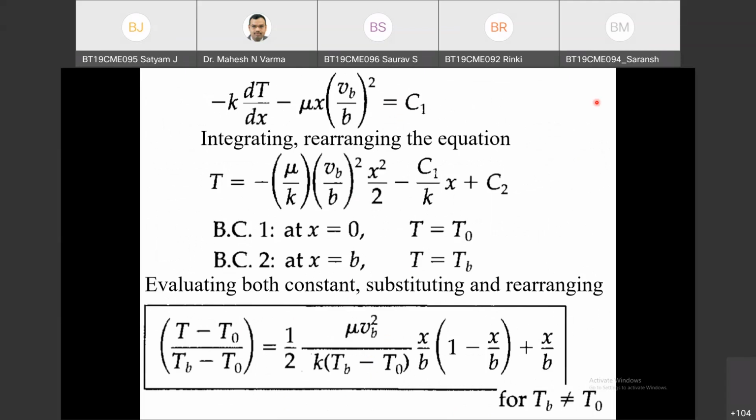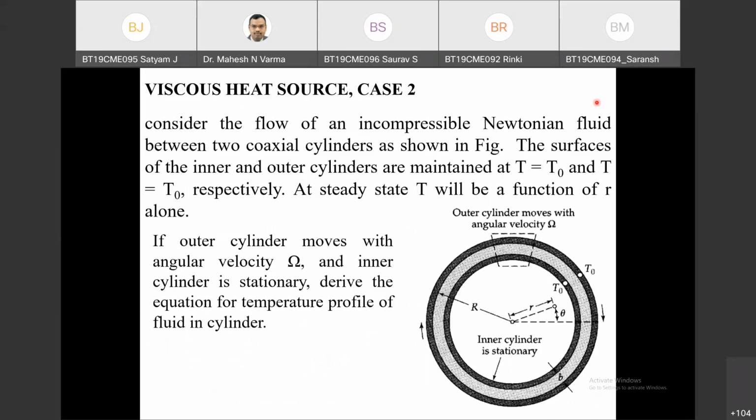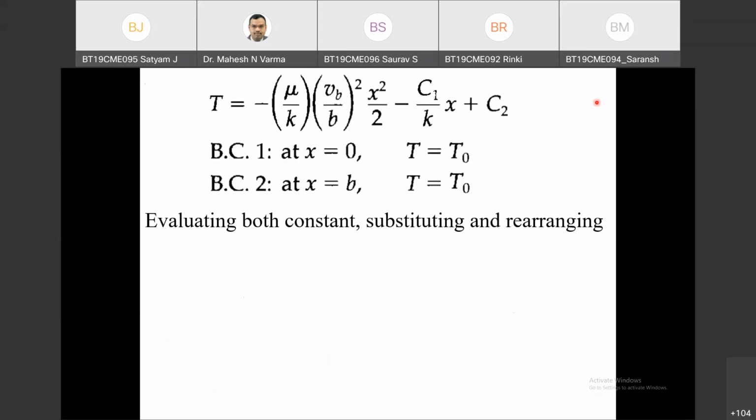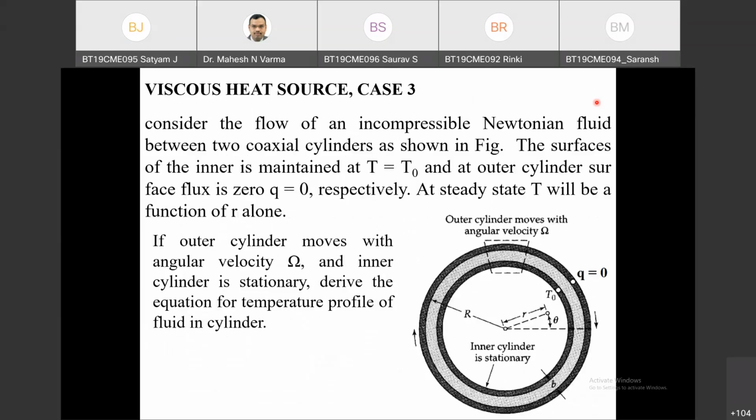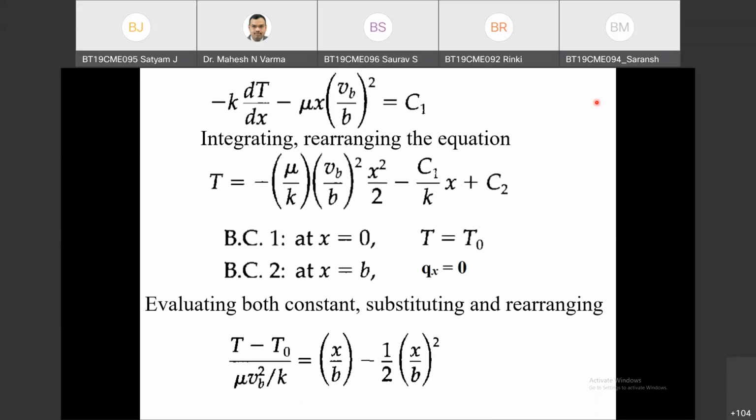This is the temperature profile when one surface temperature is T0 and another is TB, then when both surfaces are maintained at T0, and then when one surface temperature is given and another flux is given, which is 0 in this case. Sometimes flux can be given with some value, and that can be substituted here. Here flux is 0, and if we rearrange this equation, this will be the temperature profile.